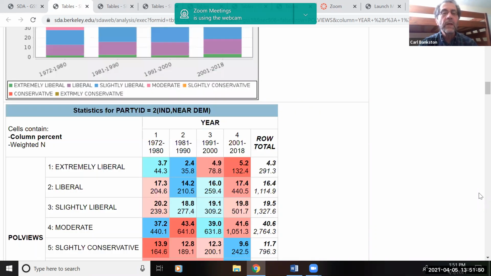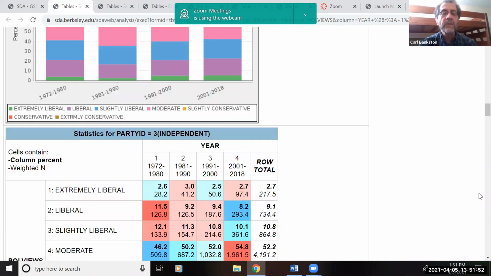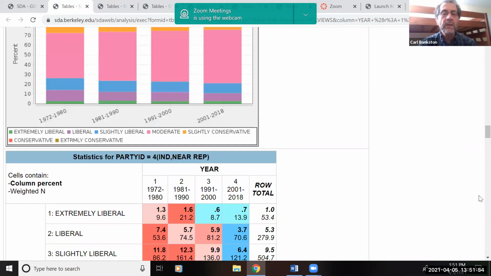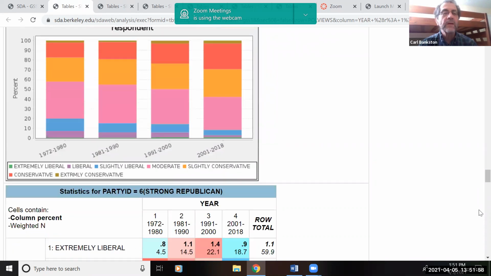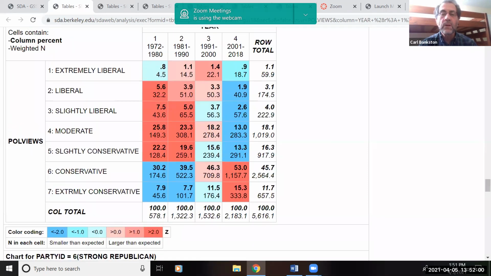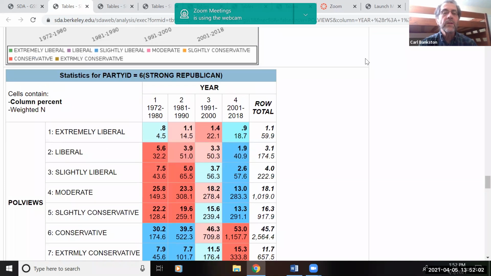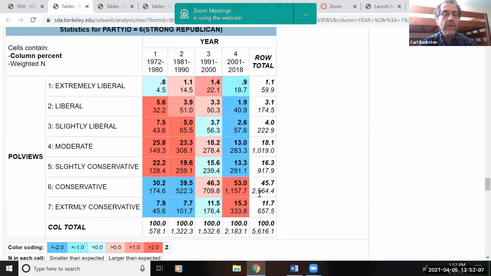And then we were not going to spend a lot of time on this, but if we look down at strong Republican affiliation, this is strong Republicans. Among strong Republicans, those who identified as extremely conservative grew from 8% to 15% by the 2000s.